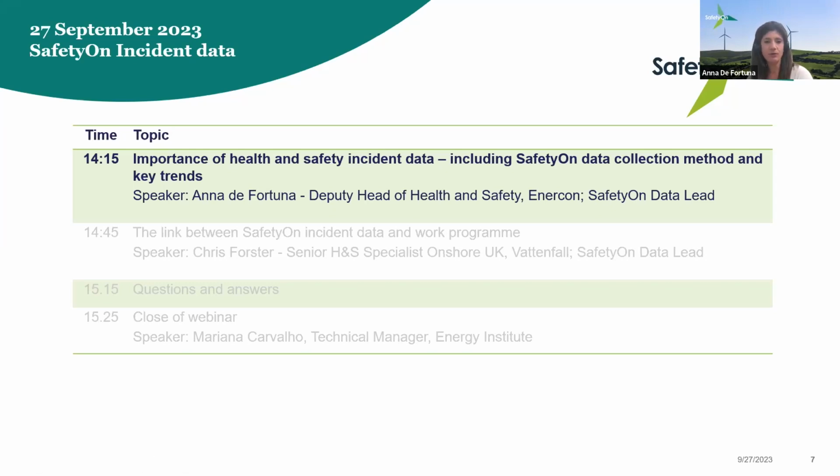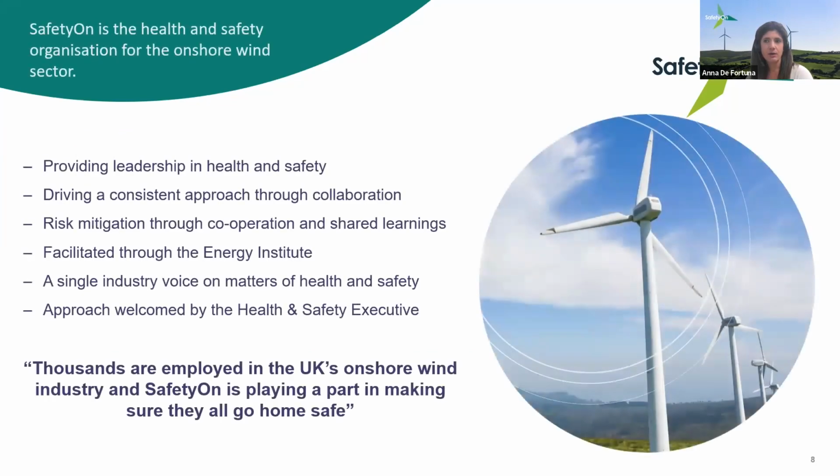So if we move on to the next slide, we can have a look at what SafetyOn is. SafetyOn is the health and safety organisation for the onshore wind sector.